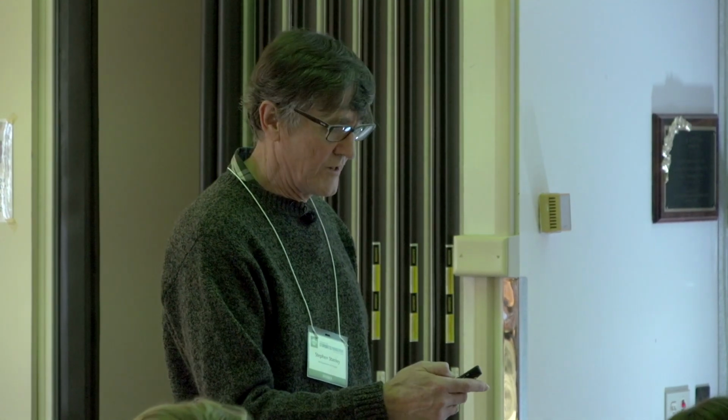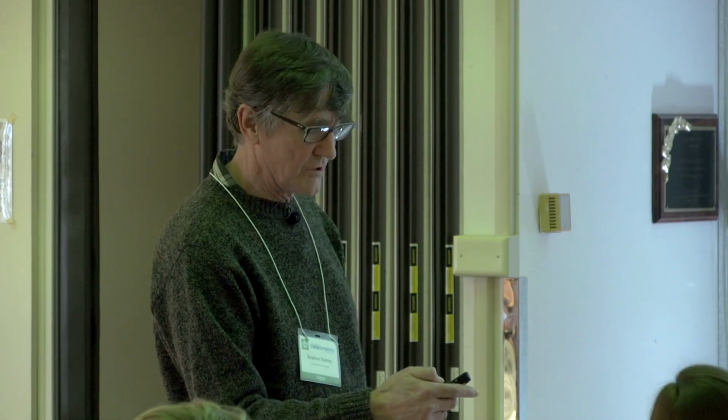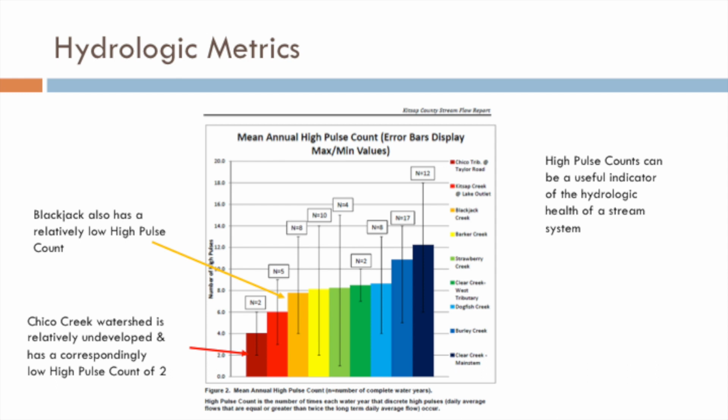To give you an idea of what a high pulse count might be for a creek that is in relatively good condition, we're looking at Chico Creek here. A high pulse count, by the way, is 2 times the mean or average annual flow of a stream.